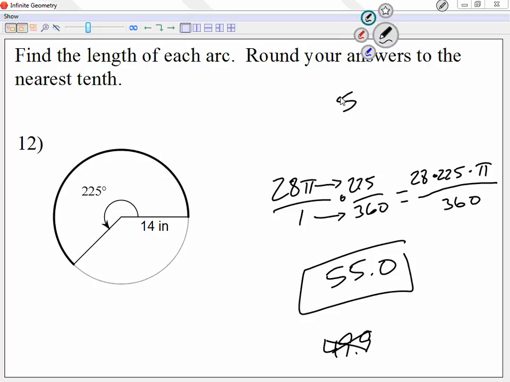Okay, you have 54.9, what? 95? So the 5 makes this 9 go up, which makes this 4 go up, right? So we have to round it up. So you have to round it up to 55.0. Remember, the 5 makes the 9 go up, but in order for 54.9 to go up, it has to become 55.0.